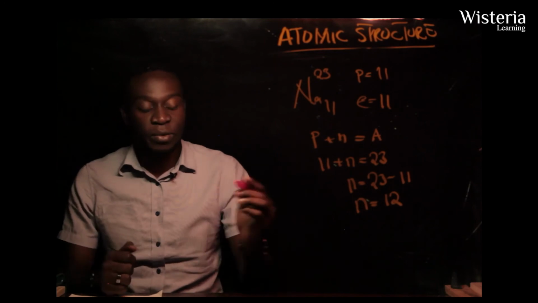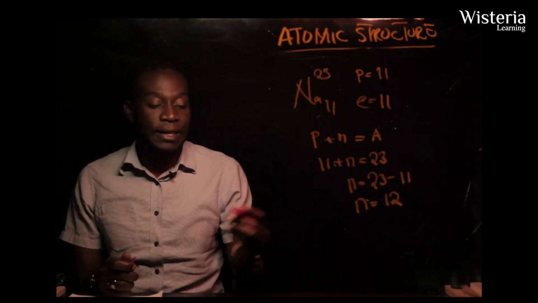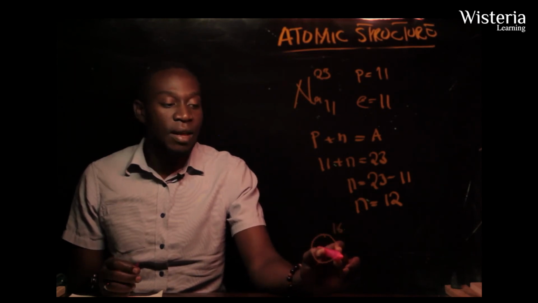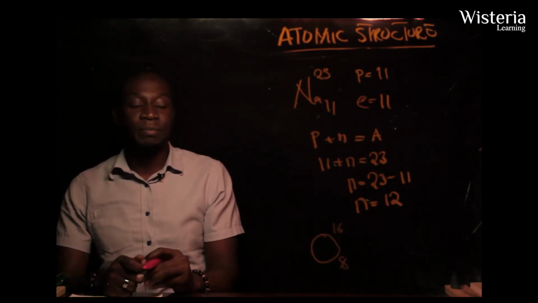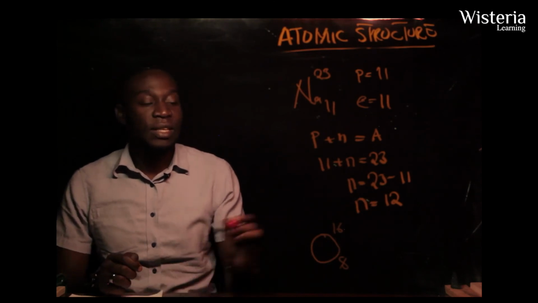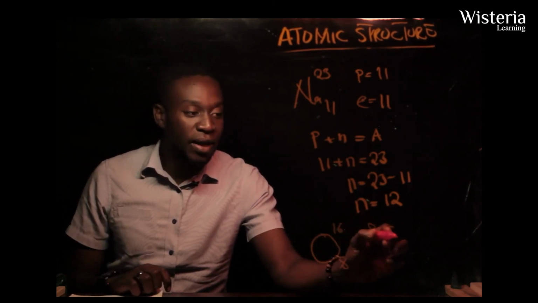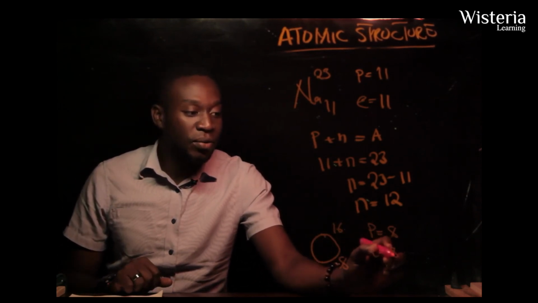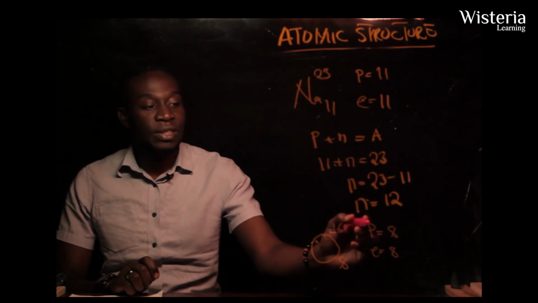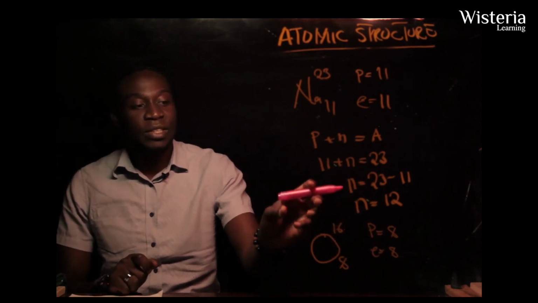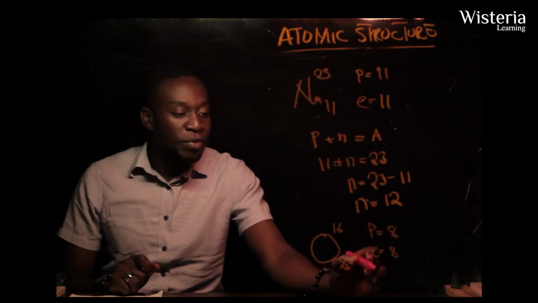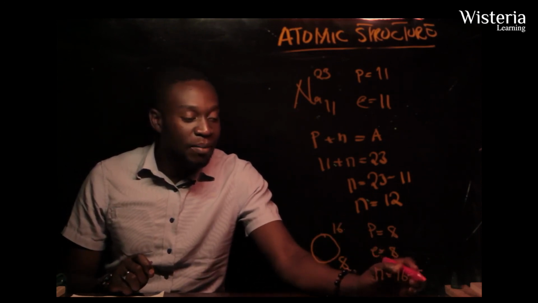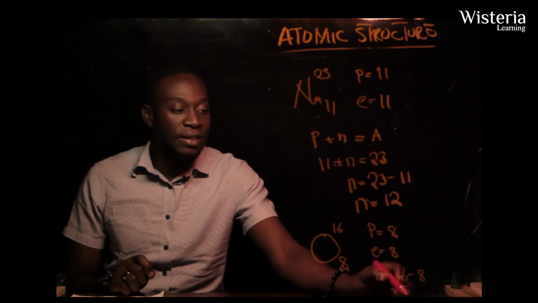If we consider another element like oxygen, the mass number is 16 and the atomic number is 8. In this atom of oxygen, the number of protons is equal to 8, the atomic number. The number of electrons is equal to 8, because the number of electrons equals the number of protons in a neutral atom. For the number of neutrons, we subtract the atomic number from the mass number, which gives us 8.